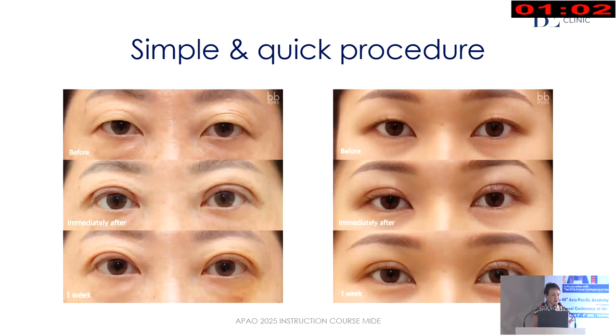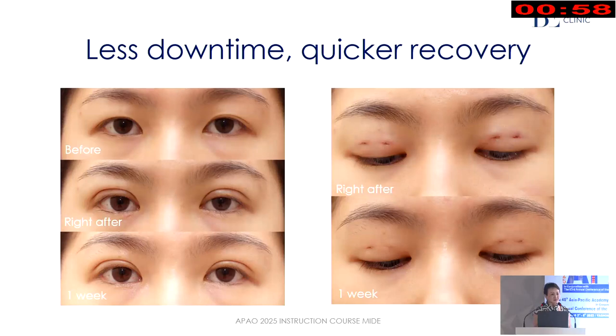And it's actually very, very quick. It only takes maybe about 30 minutes. And because of this minimal injury to the lid, patients really do have much less downtime and a much quicker recovery. So you can see here, there are only 2 tiny incisions after the surgery, and this is just a week after. So very quickly, the small wound will heal very nicely.